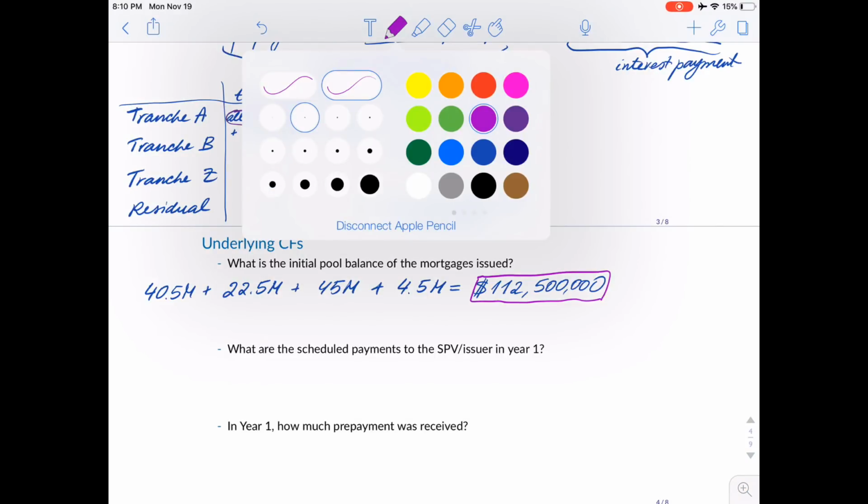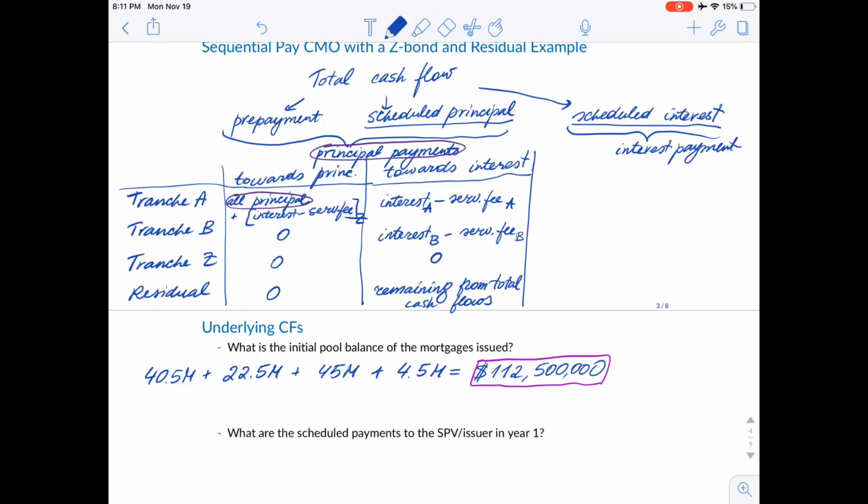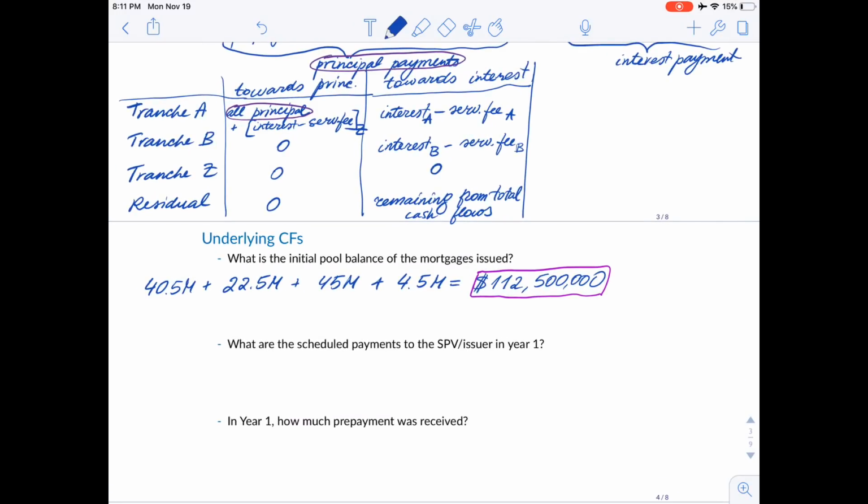What are the scheduled payments to the SPV or the issuer in year one? So here the scheduled payment is the scheduled principal plus the scheduled interest. So there we just put in our regular formula. So payment where PV is equal to $112,500,000. The interest rate is going to be 10%.